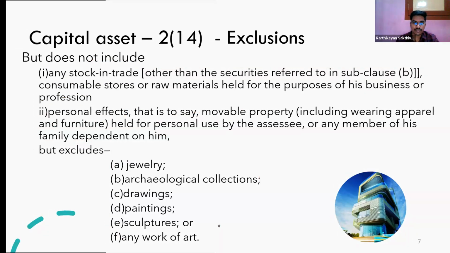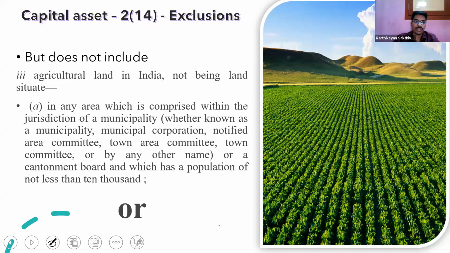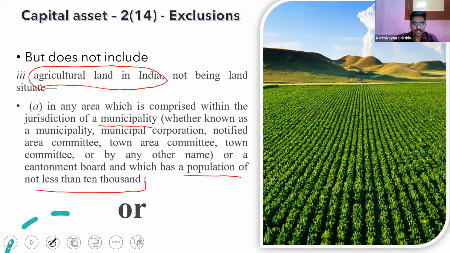Okay. Then the third exclusion in capital gains is agricultural land which is situated in India. Right. So what do you mean by agricultural land? There are two conditions. It is in any area which is comprised within the jurisdiction of a municipality or a cantonment board which has a population of not less than 10,000.